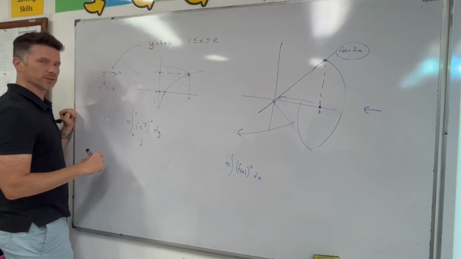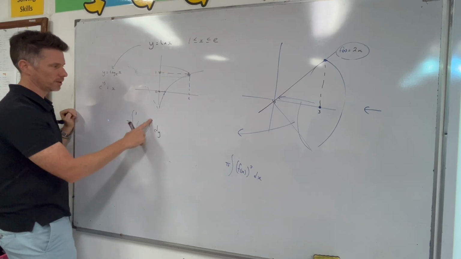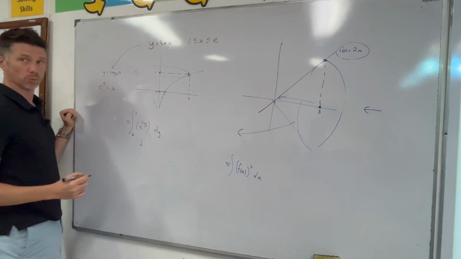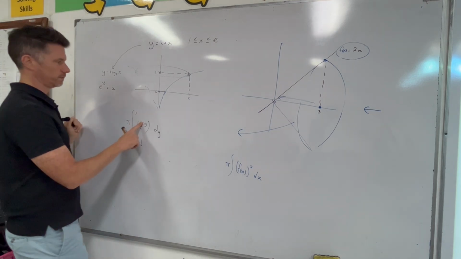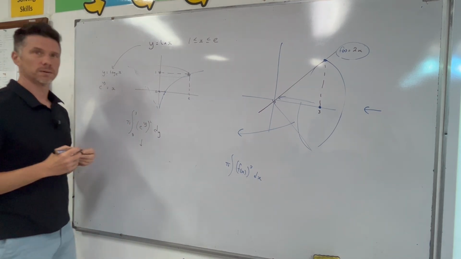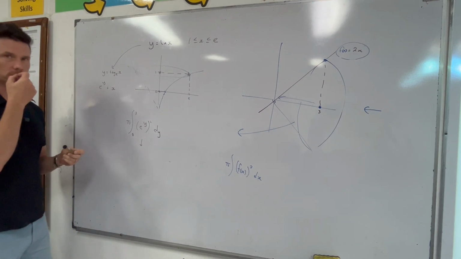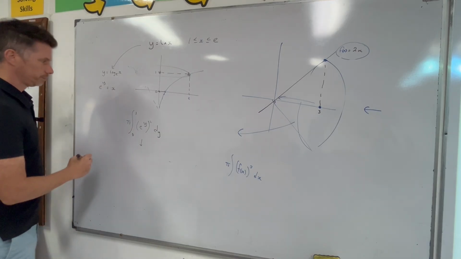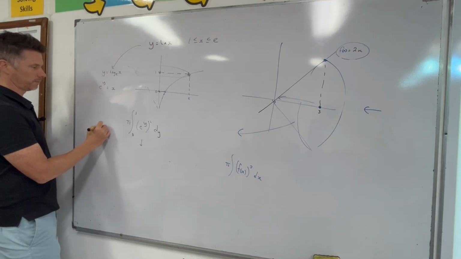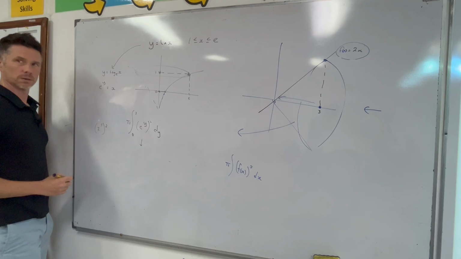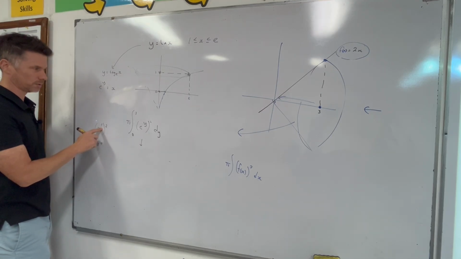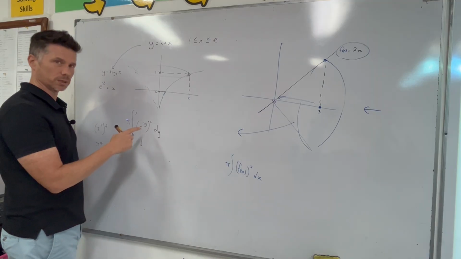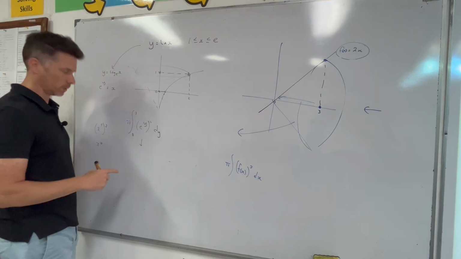Integration, not differentiation. You can rewrite this as e to the 2y if you want. Wait, can we not leave it up there? Because you're multiplying the powers: what's x to the 5 squared? X to the 10. Multiplied 2 times 5. So we can write e to the 2y.